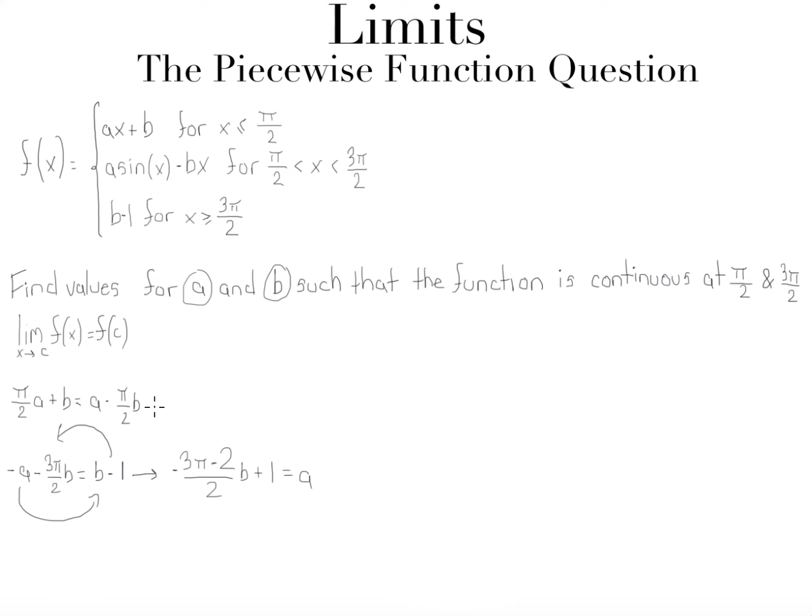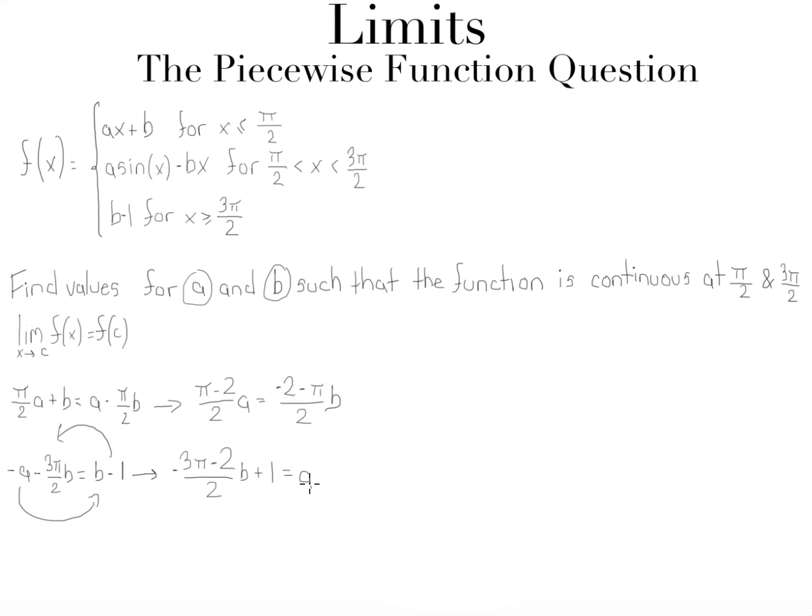And for the first relationship, combining the terms for a and b, we have pi minus 2 over 2 a is equal to minus 2 minus pi over 2 times b.